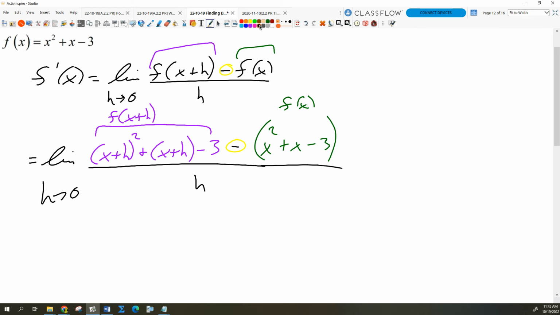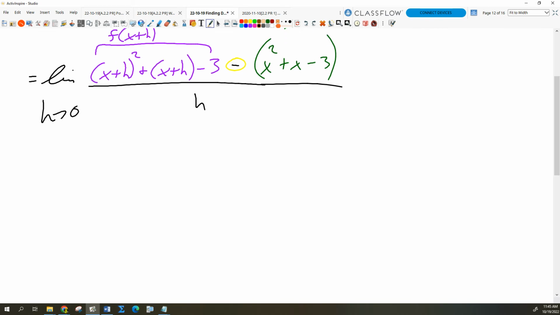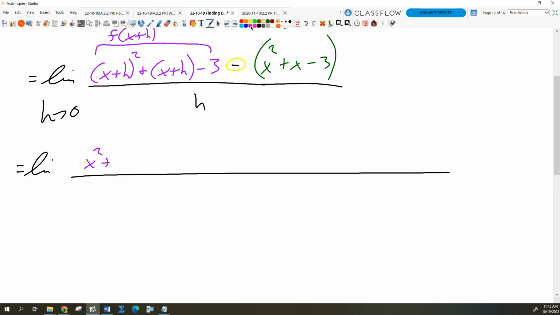And now we just roll up our sleeves and flip into algebra mode, right? So we'd have to expand this whole thing out. What is the quantity x plus h squared? Good. x squared plus 2xh plus h squared. If you want to know that for sure, I'm going to force you guys to memorize this.